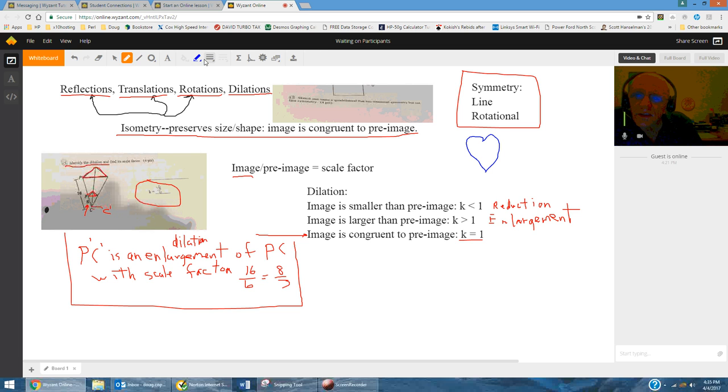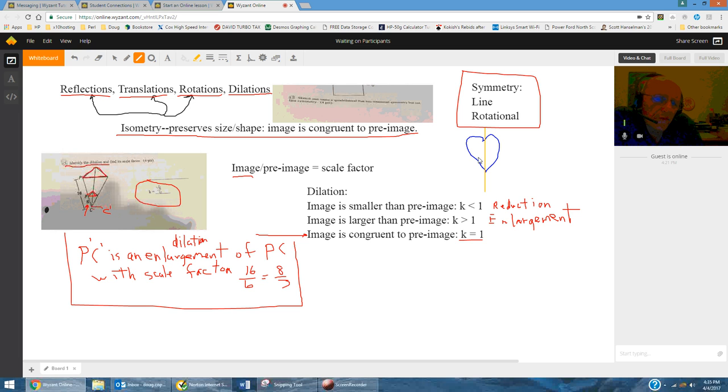And the line of symmetry, let me use a line drawing tool, is right here. In other words, a symmetric shape is like a mirror. You can look in the mirror and see the same shape on both sides. Or you could think of it this way: if you fold a piece of paper along the line of symmetry, and the two halves lie on top of each other, then the figure has line symmetry.